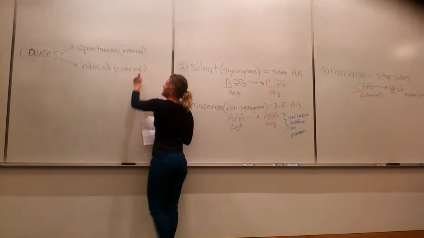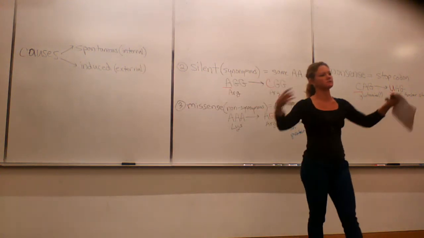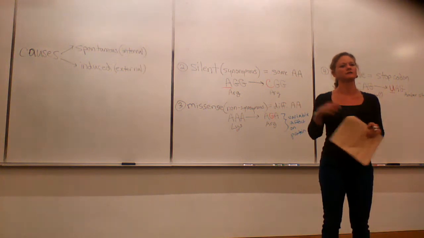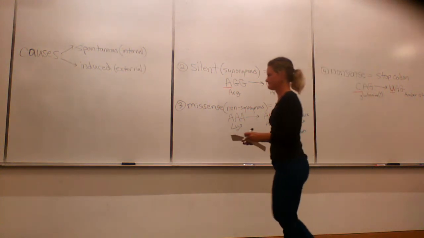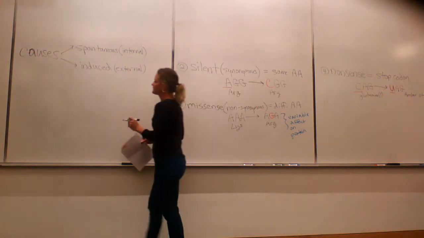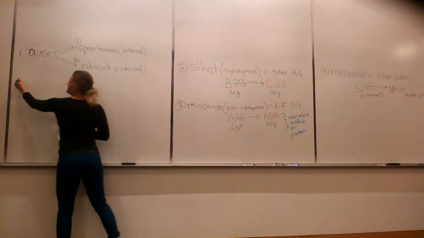And I don't mean purely experimentally, but this can happen due to environmental external conditions attacking cells and things like UV and other carcinogens and things like that. Okay. So our first category here, so the spontaneous ones.